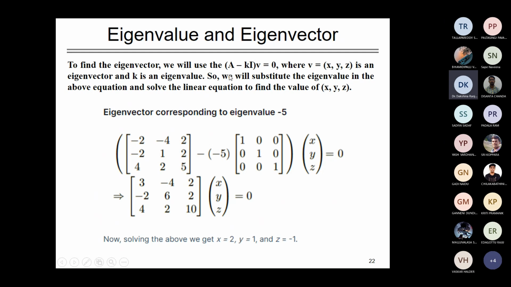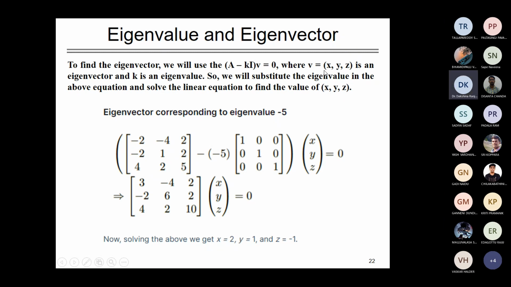Now to compute the eigenvectors, we will use the same equation, but this time we get (A minus kI) into v, and this v represents the eigenvector. Since it is three-dimensional data, in the v we will get x, y, z.